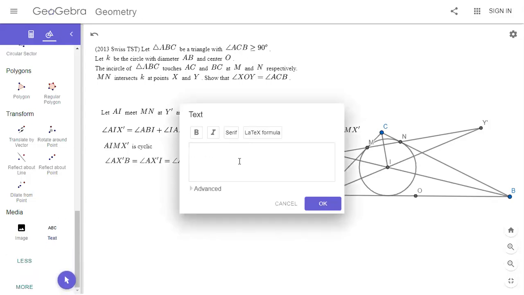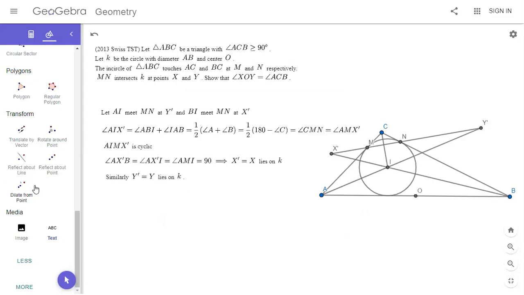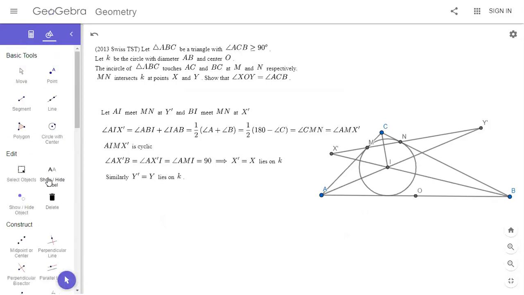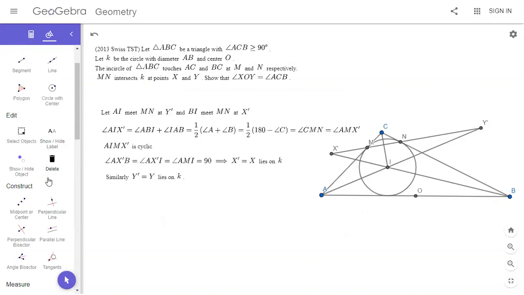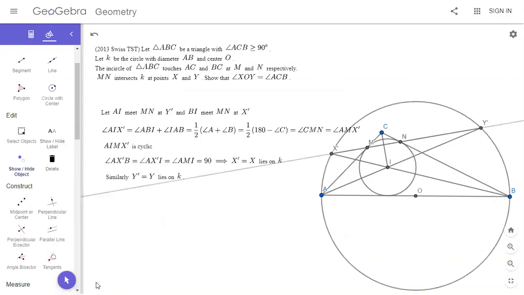And then similarly, Y prime equals Y. All right. So now we can draw in that circle, and we can get rid of the primes. I'll just leave it as X prime and Y prime just so we know.